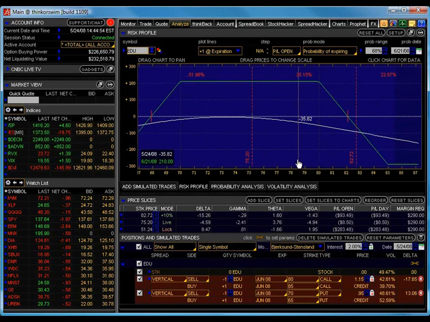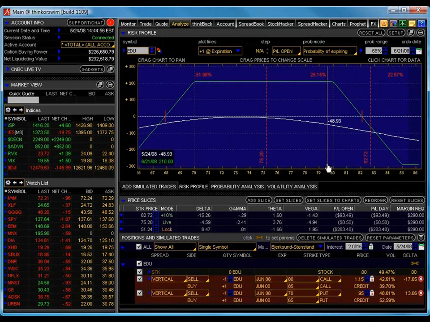And the majority of professional traders like this better than the sale of a straddle with wings as protection, because they do have this very wide profit potential picture. In the case of the sale of the straddle, I think our break even on the low point was around 71 and around 80 on the high end.